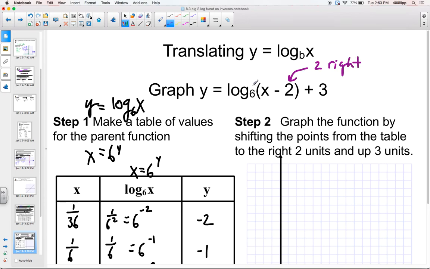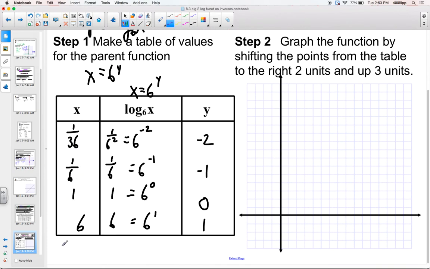And therefore, instead of your asymptote being x equals 0, your asymptote will now be x equals 2. So this is my asymptote. Okay? And this one here, the plus 3, is telling us to go 3 units up. So if we're going 2 right and 3 up, I'm going to add 2 to my x's, and I'm going to add 3 to my y's.